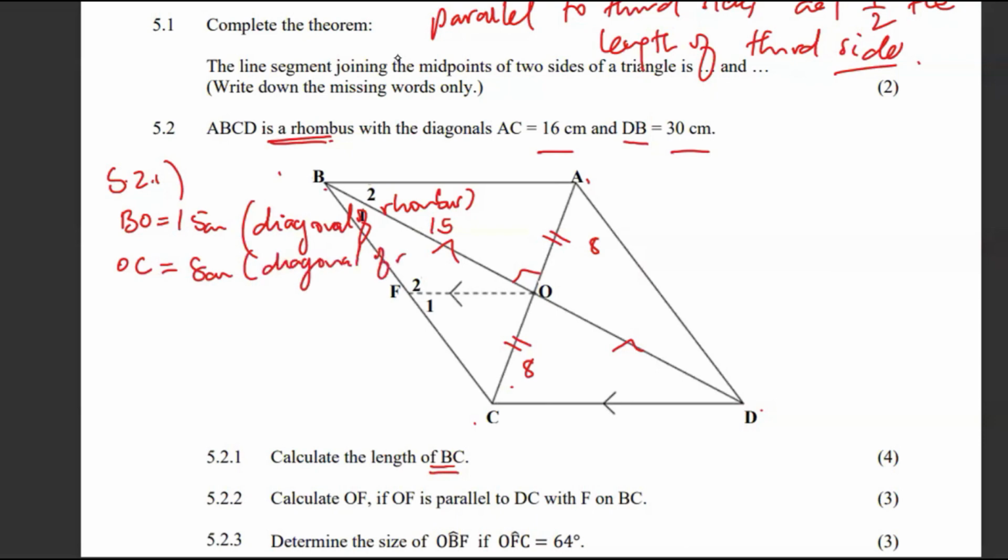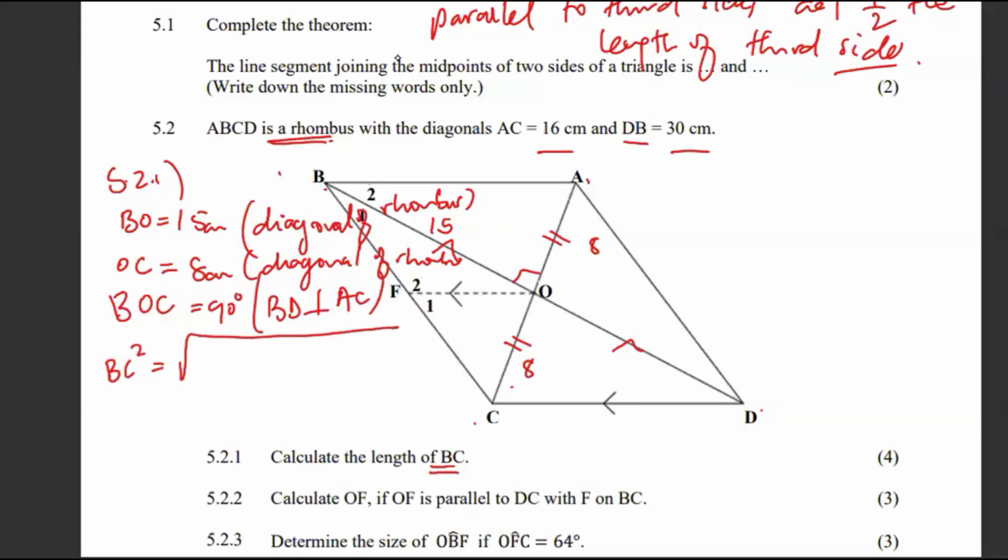Okay, so if that is true, now we know that angle BOC is 90 degrees because we know that these diagonals are perpendicular. Why? We know that BD is perpendicular to AC. That is true, then we have Pythagoras theorem coming into place. So BC is the square root of 15 squared plus 8 squared.